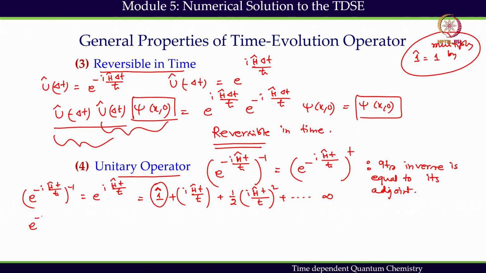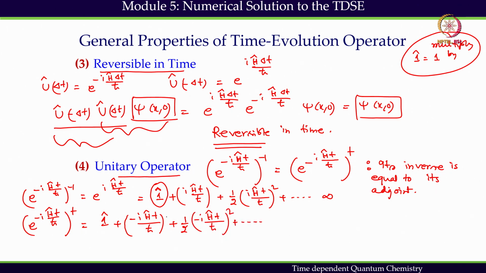E to the power minus i h cap t by h cut, its adjoint is going to be 1 plus minus i h cap t by h cut plus half minus i h cap t by h cut whole square plus like this.